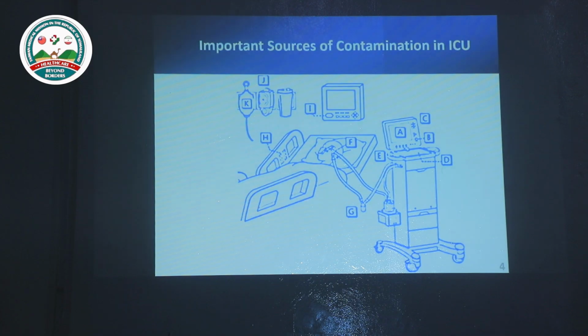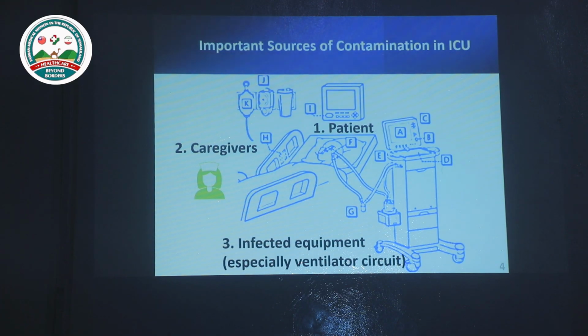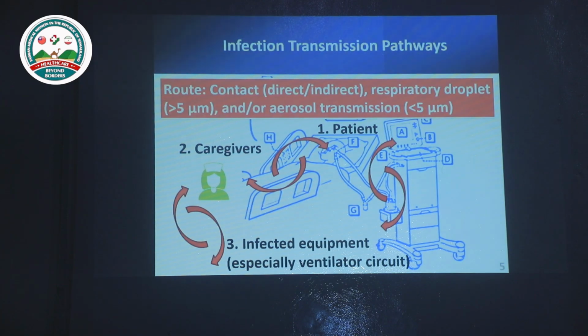When we focus on the ICU, the first source is the patient, and the second is the caregivers. The other is infected equipment, especially the ventilator circuit if the patient uses endotracheal tube intubation. These three factors can interact with each other.